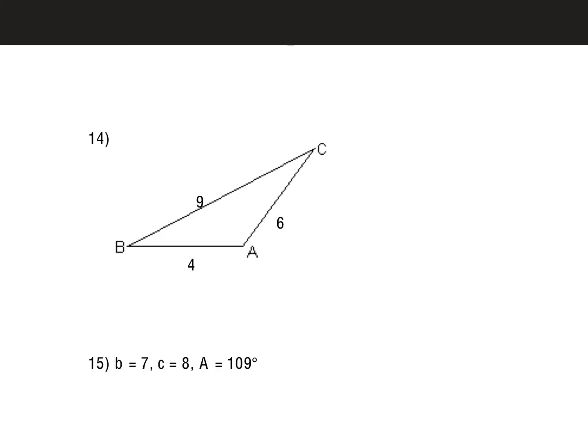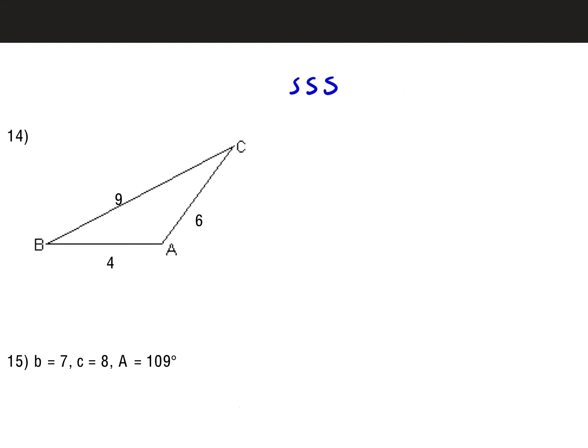So 14 gives me side, side, side. What do I have to find first? Awesome. So when it's side, side, side, you have to first find the biggest. So start with the biggest.